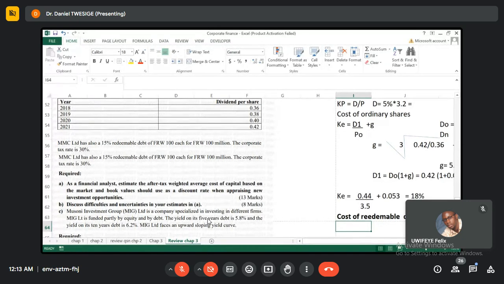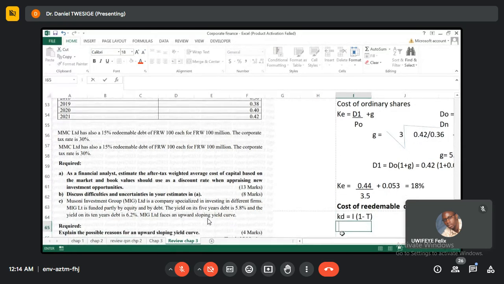So our KD will be equal to I into 1 minus T, then I divide by P0.